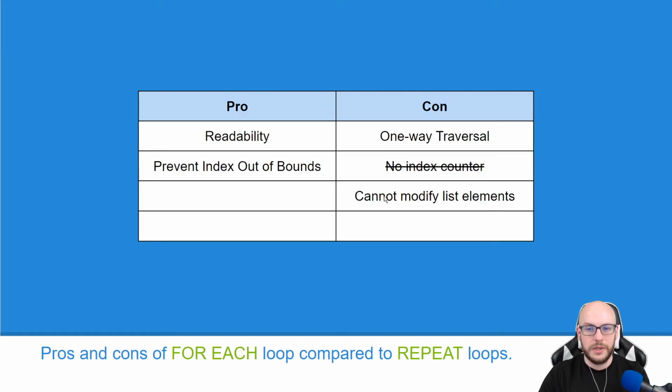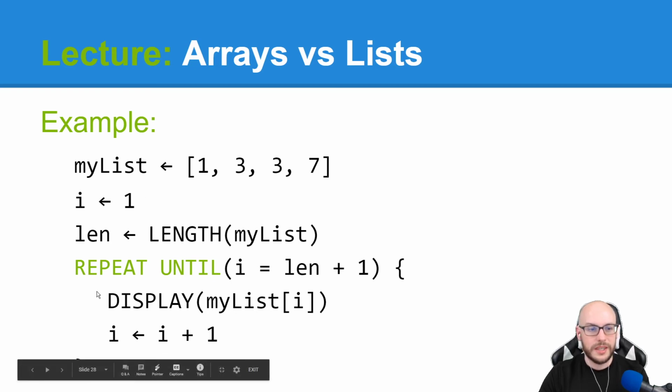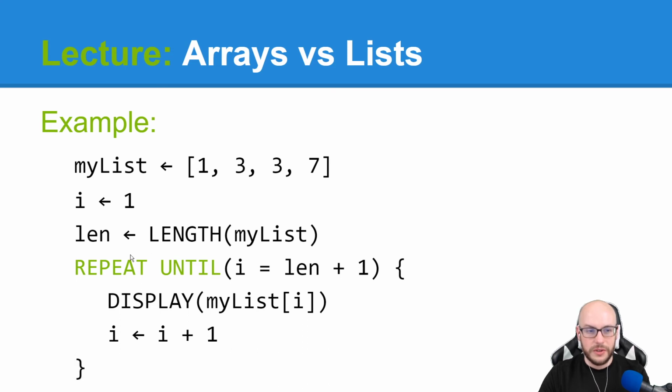What do I mean? So one kind of con that I talked about when we got introduced to for loops is that in theory with a for loop, we couldn't access the index after the loop because it was contained in the header. Now, if you look at these loops, with both the repeat until and the repeat loop, the index is declared before.